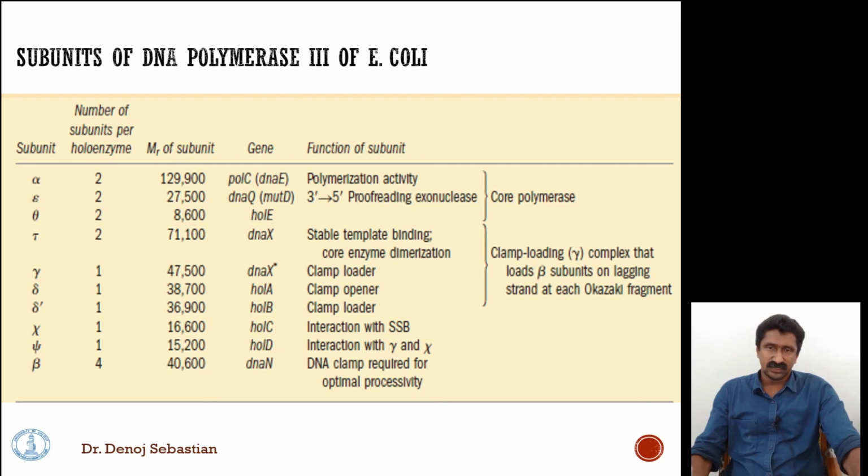Now this one is for other enzymes, interaction with SSB, then interaction with the gamma and chi, then the beta clamp required for optimal processivity.